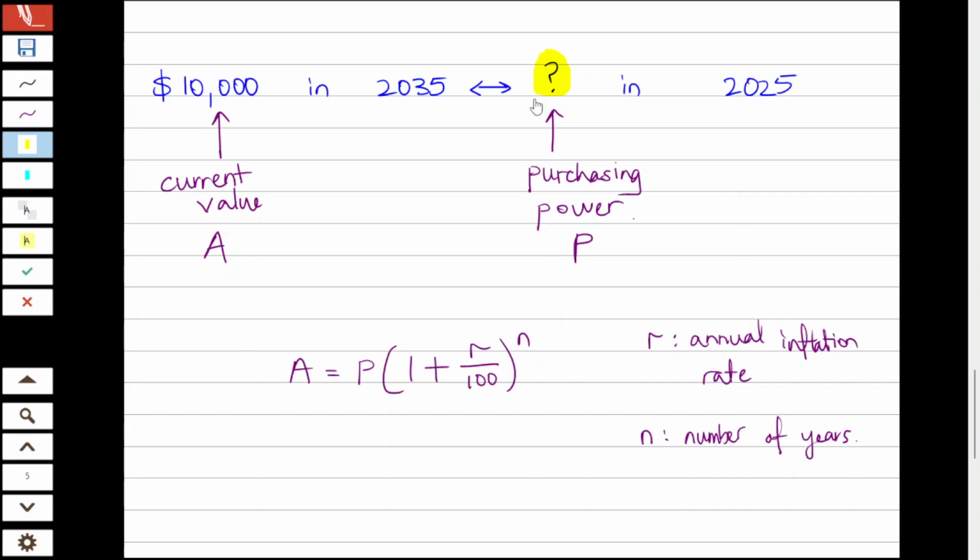Before doing the calculation, let's just think for a moment. Do we expect this number to be bigger or smaller than 10,000? What do you reckon? Smaller. Why? Because price has inflated by 2035. Yeah, that's right.